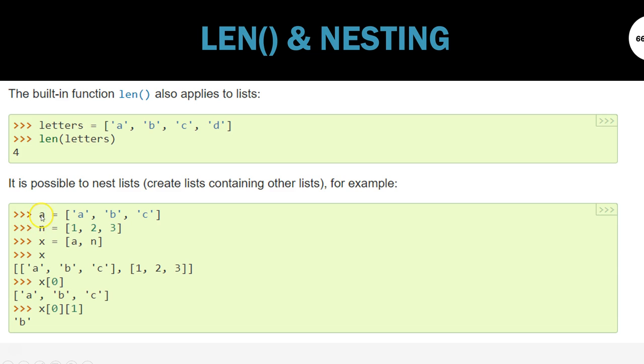In this case, they gave us 3 lists: A, N, and X. When you're nesting, you have to be careful that you're transferring the right values or elements into the right place. As you can see, list N has A and N.